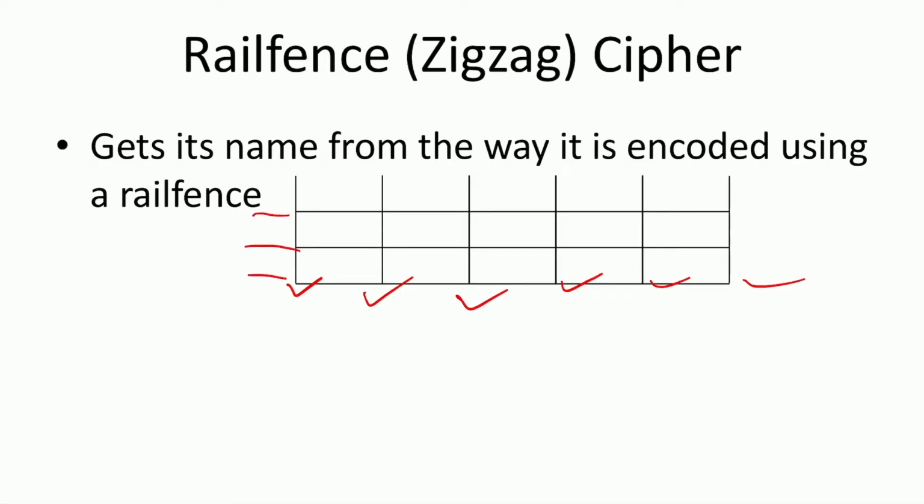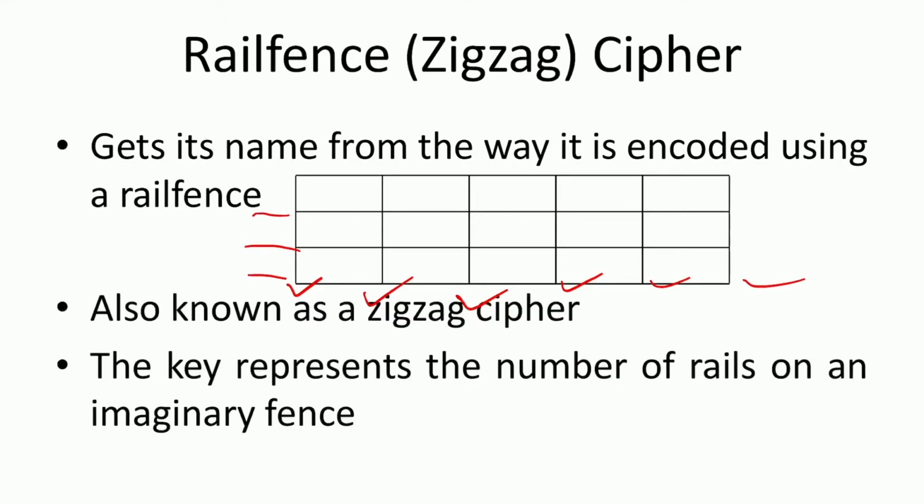This sort of makes a grid, which is what is used in this cipher. It is also known as a zigzag cipher from the way letters are written, and we will see that shortly. Here the key represents the number of rails on this imaginary fence, so basically the number of rows here. So for instance, in this grid we have 3 rails since we have 3 rows.